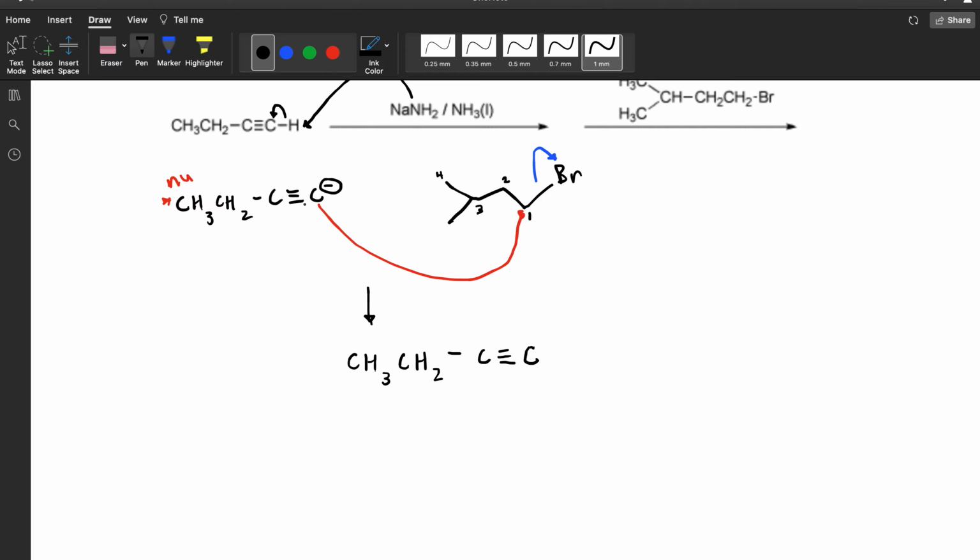So this is still that C. Make this a 1, 2, 3, 4, and then this is the subunit that I was talking about. So you're adding 1, 2, 3, 4, 5 carbons, just like that. And this would be the final product.